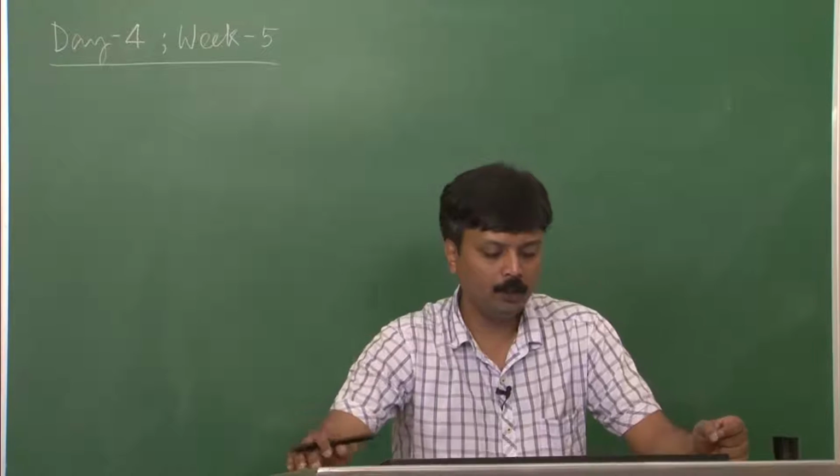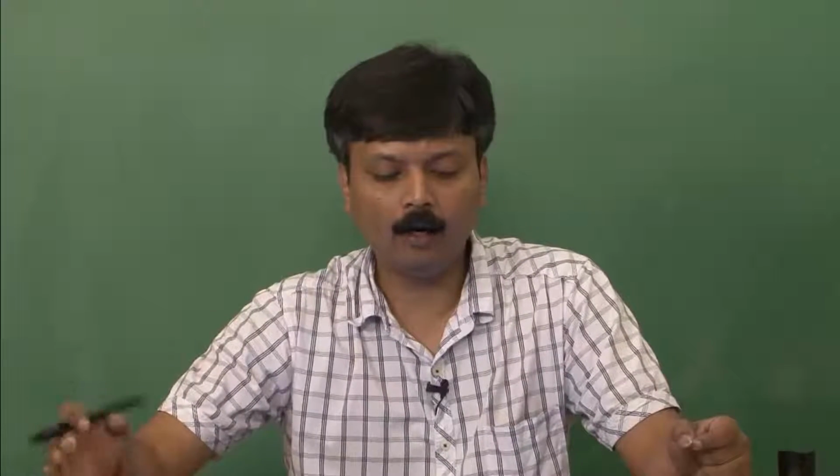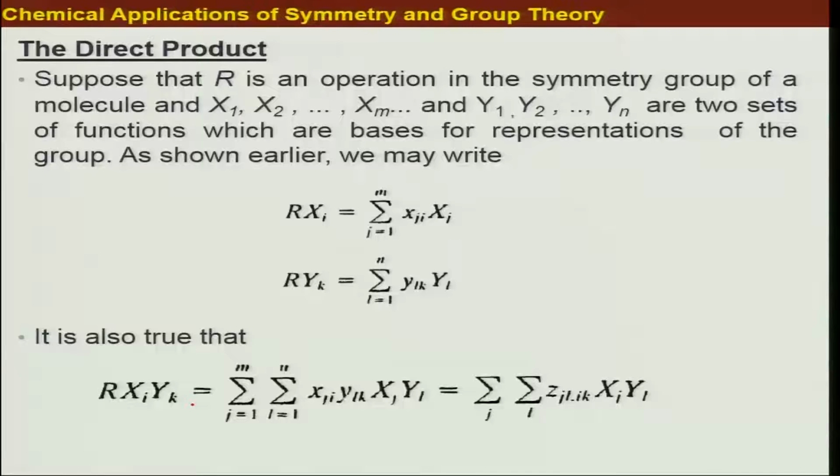So if we take R as an operation in the symmetry group of a molecule, and x1, x2 up to xm, and y1, y2 up to yn are two sets of functions which are the basis for a representation of the group, then what we can write is given here.